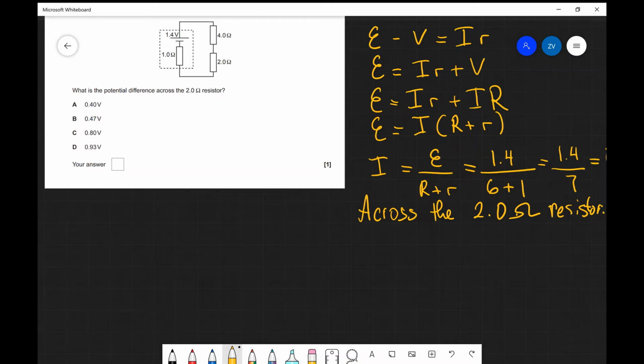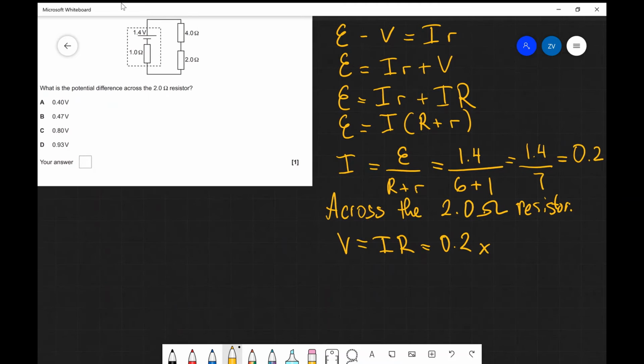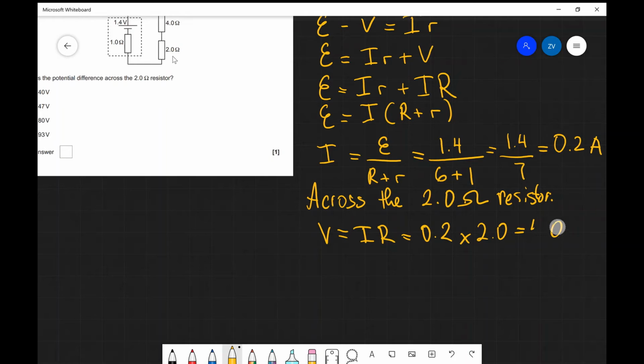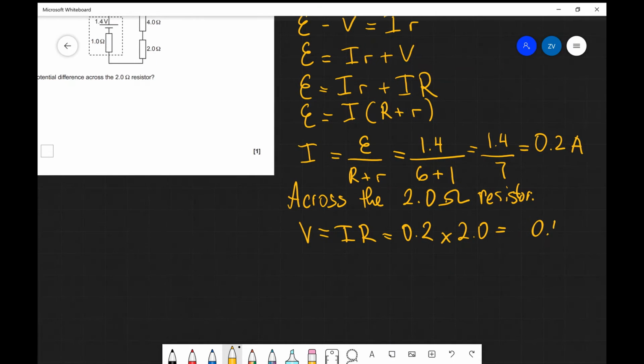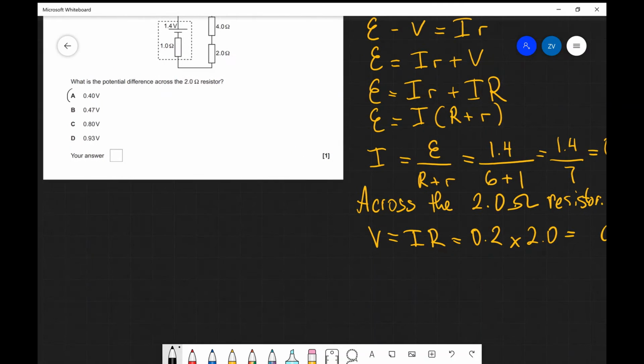I'm just doing this for explanation purposes. So we apply the good old V equals IR, where the current is 0.2 and the resistance is 2.0 ohms, which gives us 0.4 volts. Perfect. So that leads us to a correct answer of A.